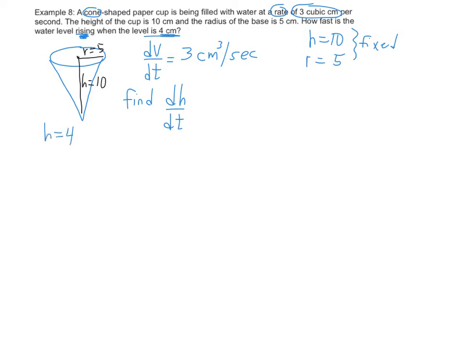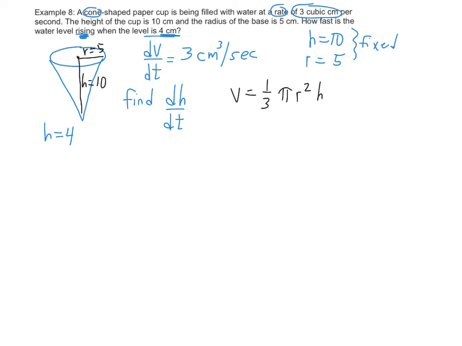All right, so we need an equation here for the cone, and we're talking about volume, right? So we mentioned earlier that the volume of a cone is 1/3 pi r squared h. Now, this is more complicated than all of the other examples that we've seen. The first 7 examples were easier in the sense that we had just one variable in our equation. Well, now we have both an r and an h.